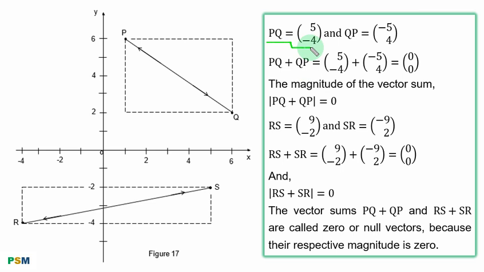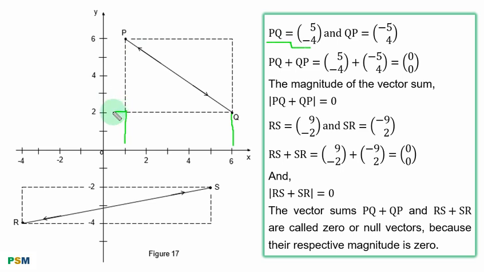This is what happened. The first number is obtained from the s-axis. From here you have 1, here is 6. When you subtract 6 minus 1, you have 5. The second number is from the y-axis.